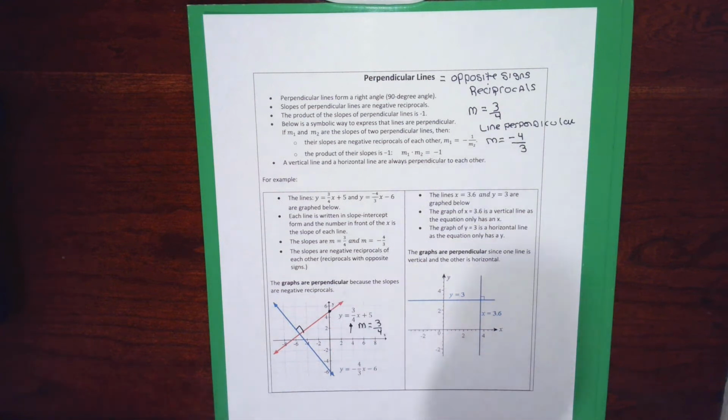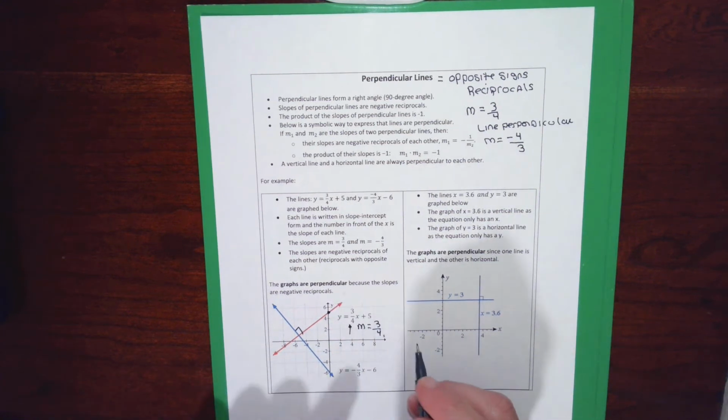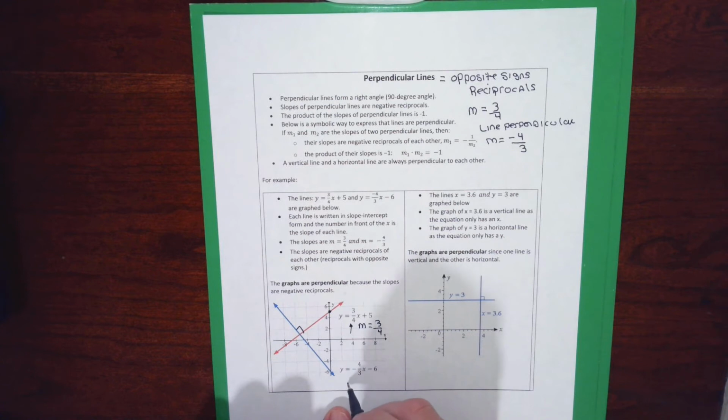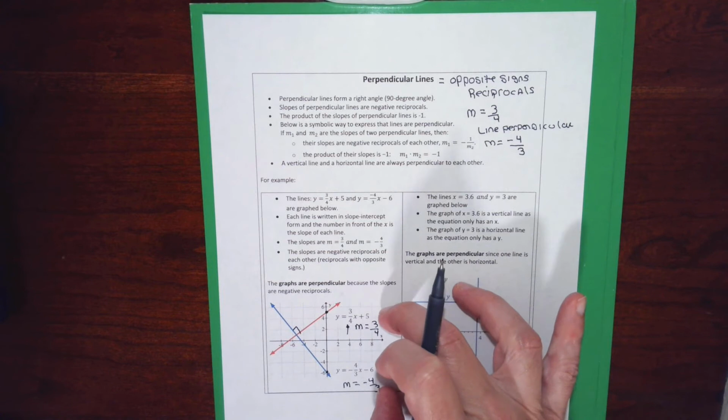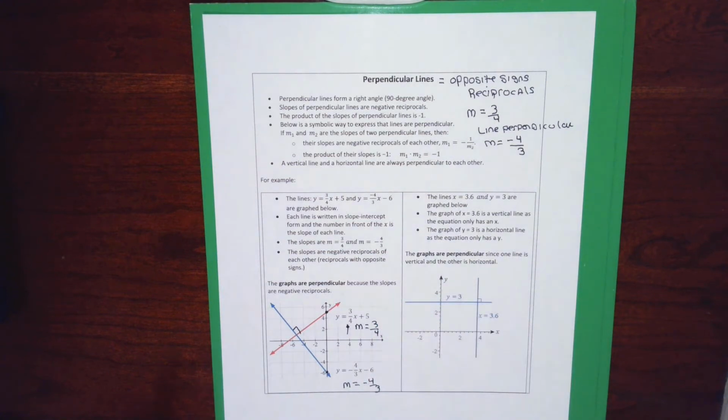You'd go up 3 and right 4. The line drawn in blue has a slope of -4/3. To graph this without using a computer program, I'd plot the point -6 on the y-axis. I'd go down 4 and right 3. I'm not going to do that here. This is done for me. And these lines are perpendicular because the slopes are reciprocals with opposite signs.